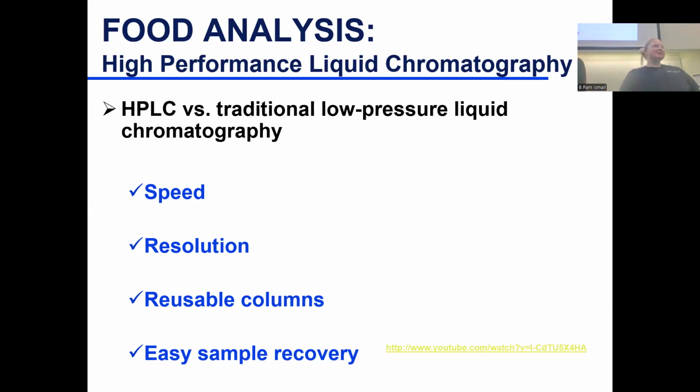HPLC also has better resolution than traditional low pressure liquid chromatography. Why does it have that resolution? You just kind of answered it in the previous one. It's packed more efficiently, so you don't have a lot of volume between the particles.